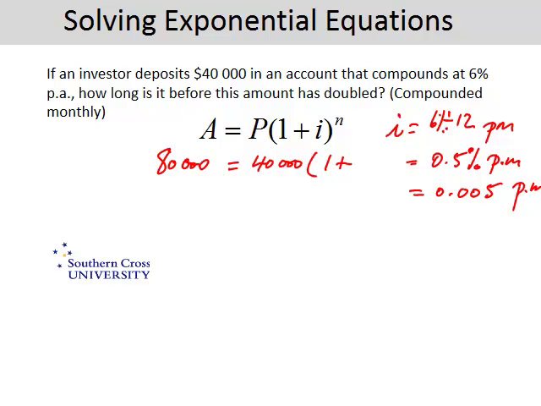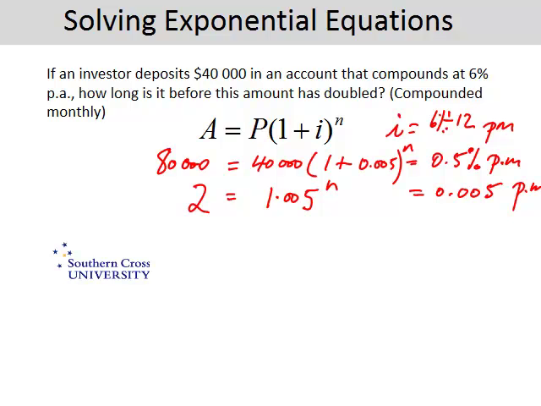So this is 1 plus 0.005 to the power of n. We'll do this in 2 steps. We can divide both sides by 40,000. That will give 2 is equal to 1 plus 0.005, which is 1.005 to the power of n.